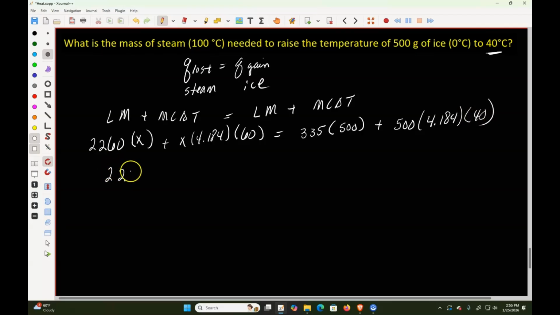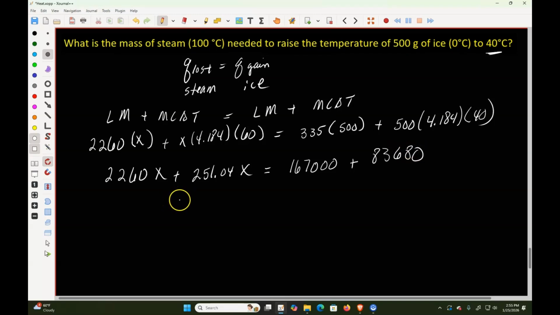So I have 2260x plus 251.04x is equal to 167,000 plus 83,680.